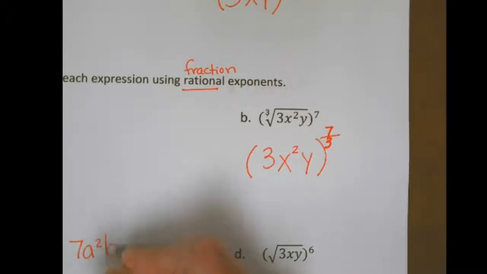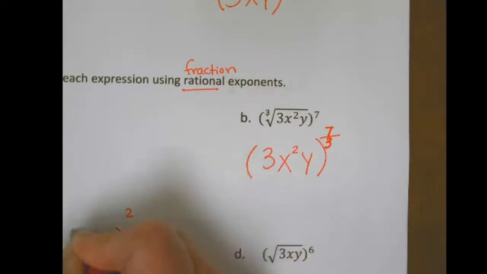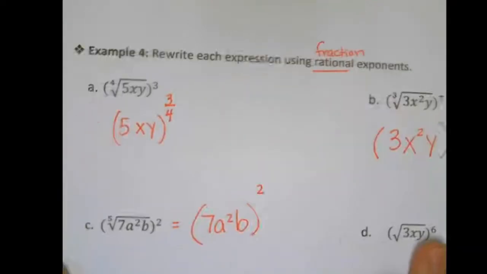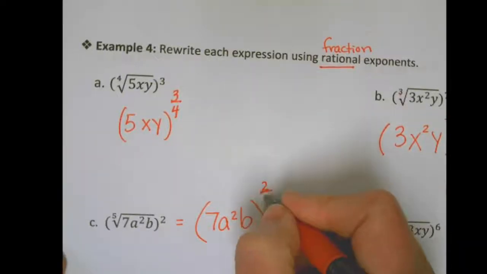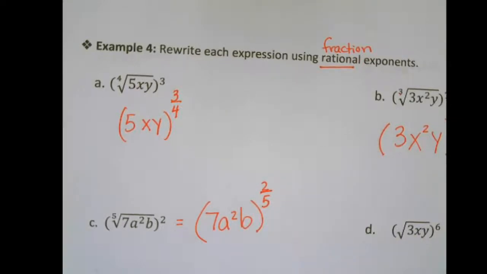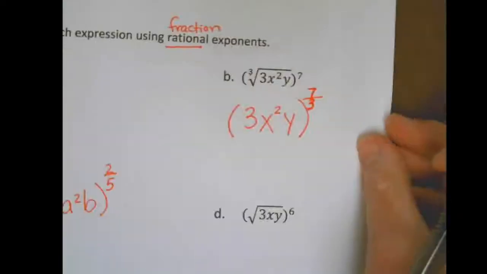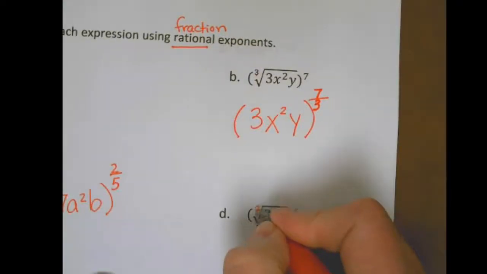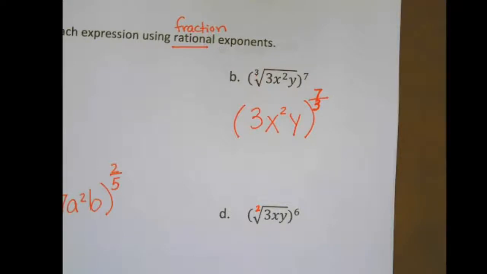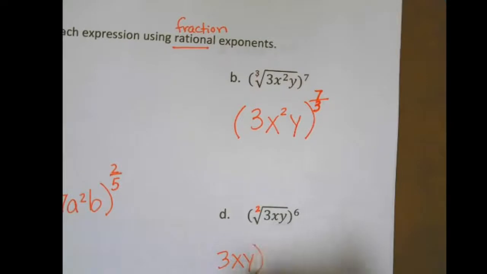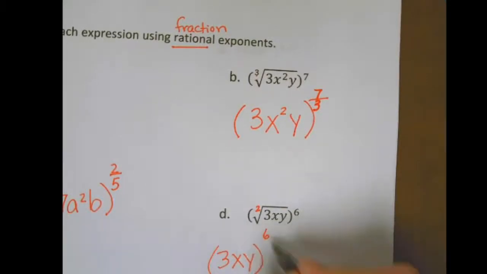7a squared b, all of that squared, and the 5 index becomes the denominator. If the index is not written, the index is 2. So this would be 3xy raised to the 6th.